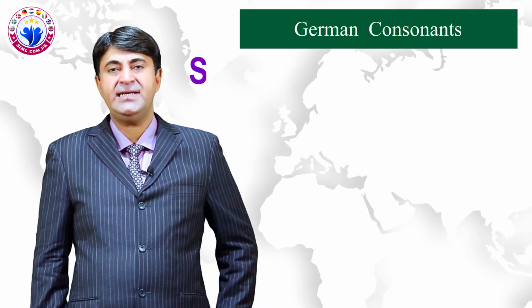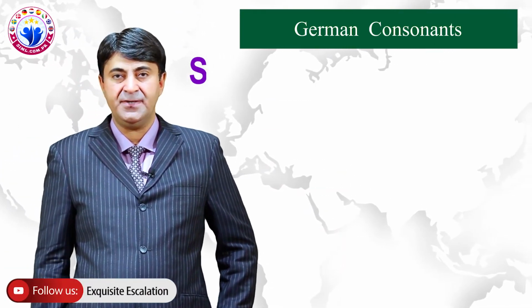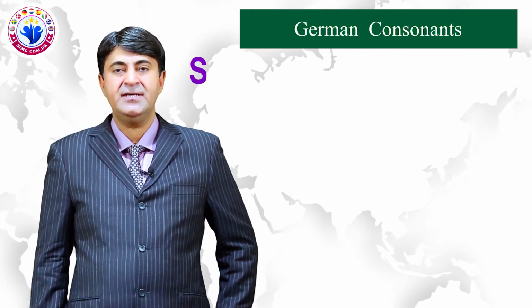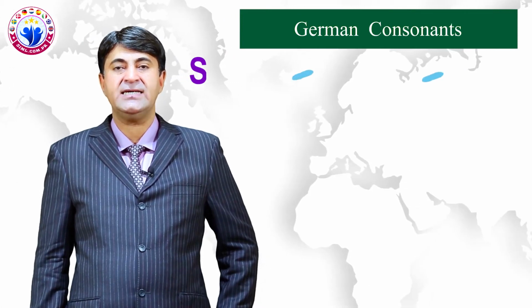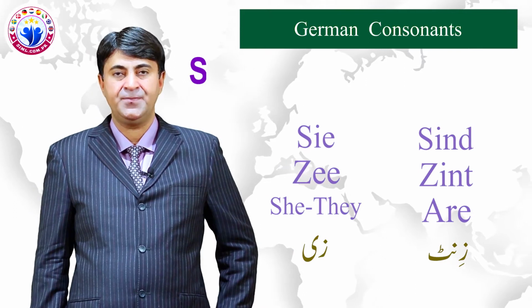S. This letter has three different sounds at three different positions in a German word. When it appears as the first letter in a German word, it is pronounced like Z, as in Sie sind.